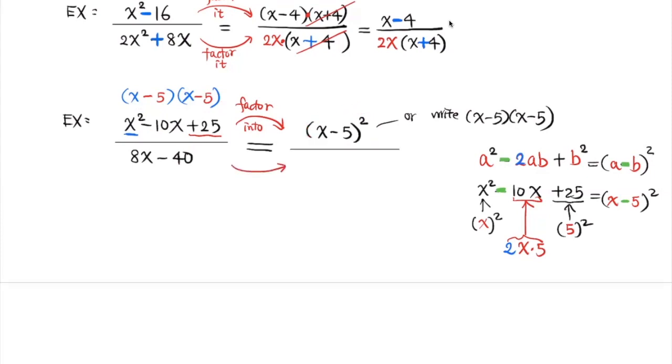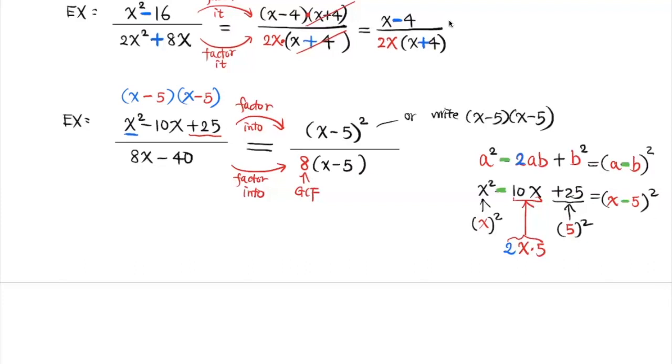The denominator, we can also factor it. The first step in factoring is to take out the greatest common factor. So I'm going to take out 8. The common factor GCF over here is 8. Take out 8, we have x minus 5 in the parentheses.